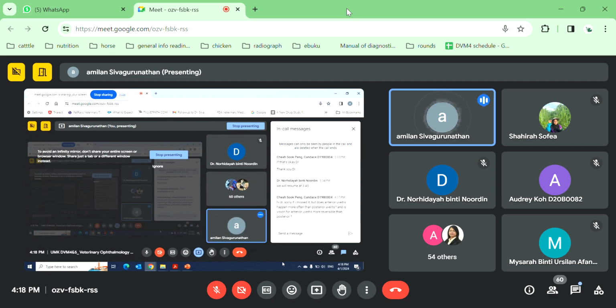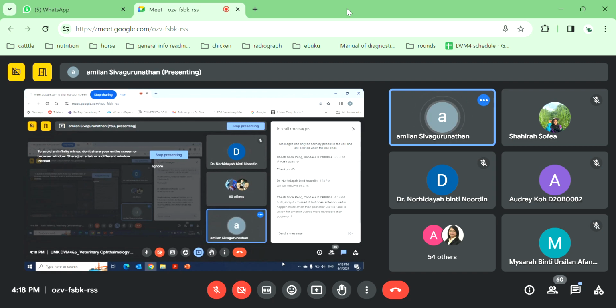Okay. In the event of anterior uveitis, they can happen independently because, as I told you in the initial slides, we have two blood barriers. We have the blood aqueous barrier, which is separate from the blood retinal barrier and the blood uveal barrier. So when there's anterior uveitis, you don't necessarily need to have posterior uveitis.